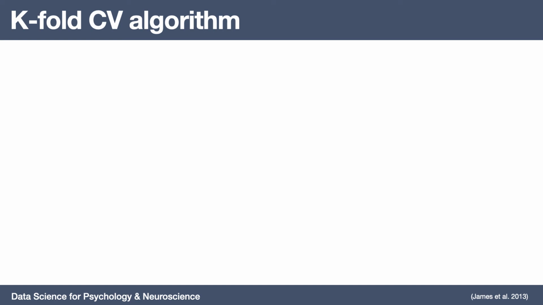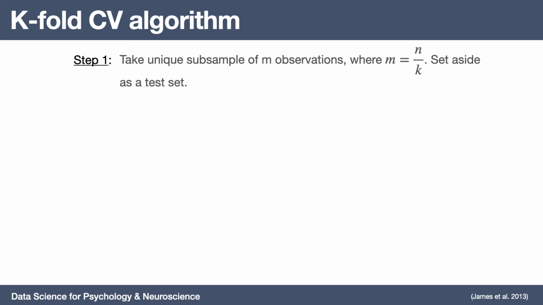So the algorithm is quite intuitive. Step 1, take a unique subsample of m observations, where m is just n over k. So if I have k equals 4 and n equals 100, then m is 25, which means that every partition has 25 observations.